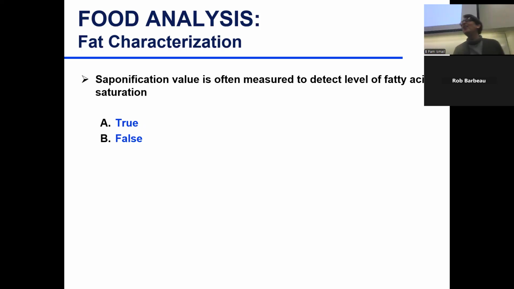All right, we said iodine value is a measure of saturation. Saponification value is not a measure of saturation. So it's false. It is a value we use to estimate the length of the fatty acid chain.